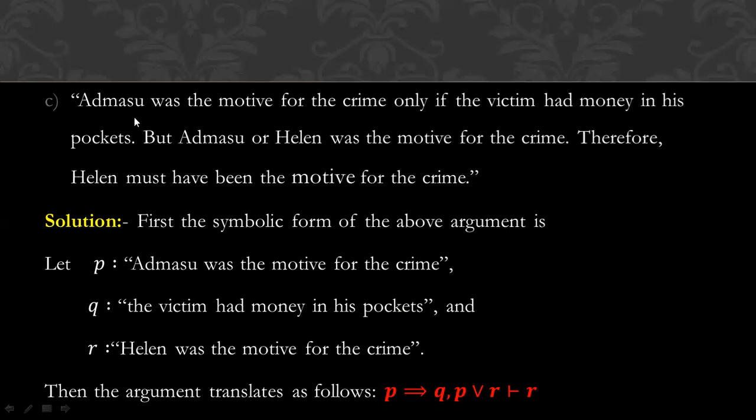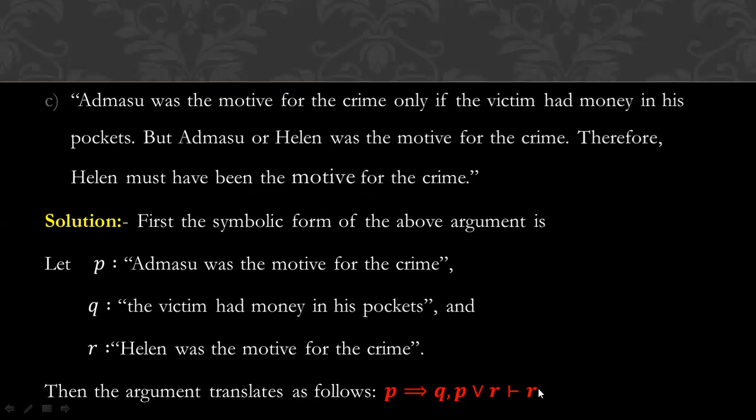The first statement, Admas was the motive for the crime only if the victim had money in his pocket, is this logical implication, P implies Q. The second one would be, Admas or Helen was the motive for the crime, so P or R. And therefore the statement just next to this is the conclusion, that Helen must have been the motive for the crime, which is represented by R, so the conclusion is R.